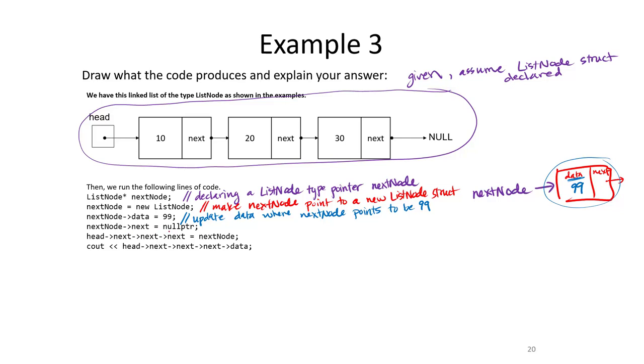Finally, we have next node arrow next equals null. This will update the next pointer where next node points to point at null.